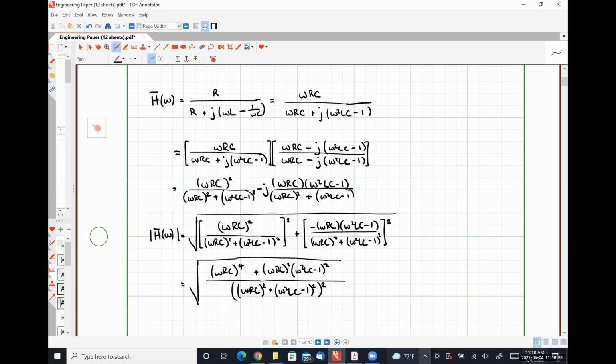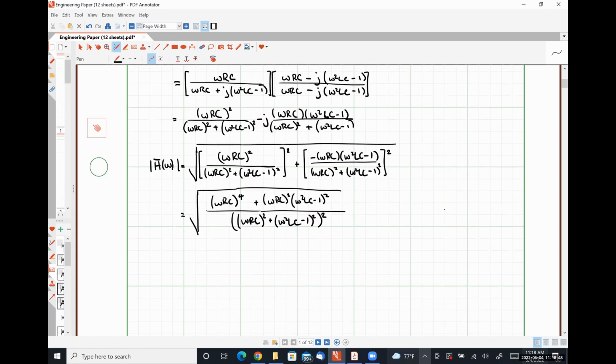And I can see here, hopefully, that what I could do is factor out an omega RC squared from both of those terms in the numerator, which would leave me with omega RC quantity squared times omega RC quantity squared plus omega squared LC minus 1 quantity squared, divided by omega RC squared plus omega squared LC minus 1 squared, squared.